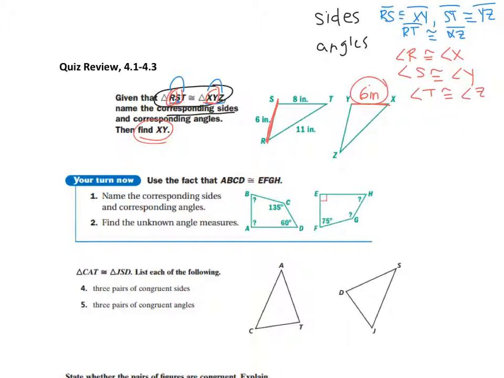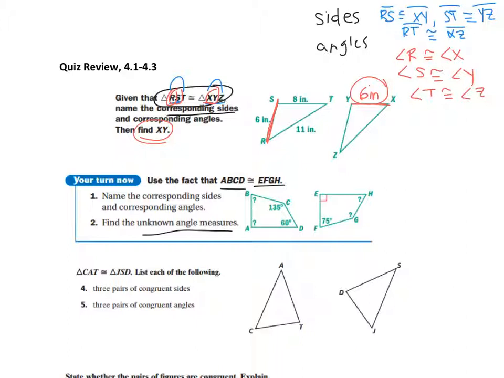Then number 2, use the fact that ABCD is congruent to EFGH. Name the corresponding sides and corresponding angles. So because these are 4 sides, you're going to have 4 pairs of segments that are congruent, 4 pairs of angles that are congruent. So you can do that on your own. And then part b, find the unknown angle measures.